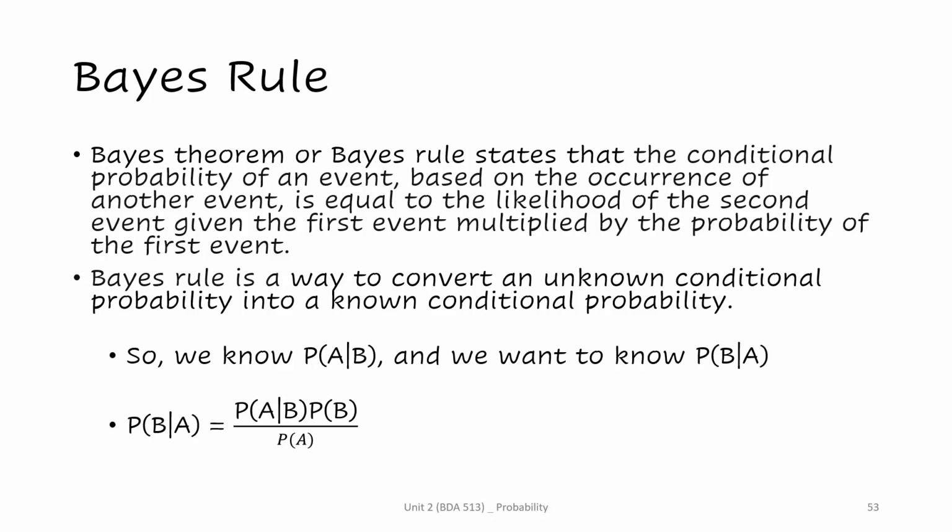So we are moving from what we know into the unknown. But based upon what we know, we can estimate what we don't know. So we bring the unknown into a conditional probability.